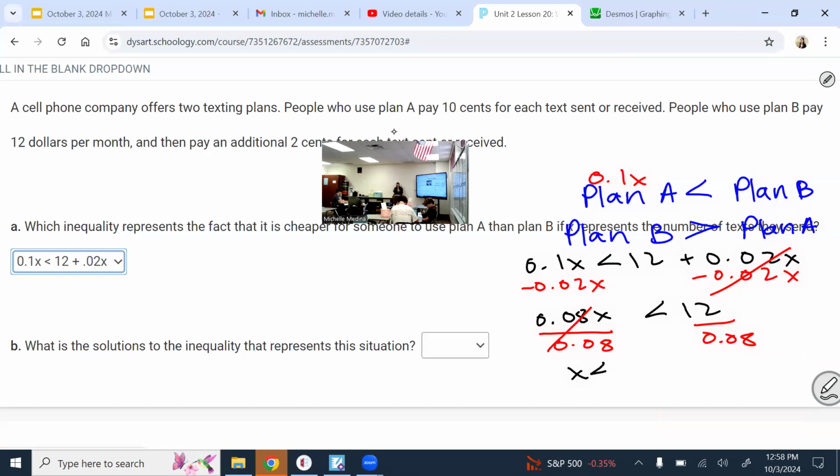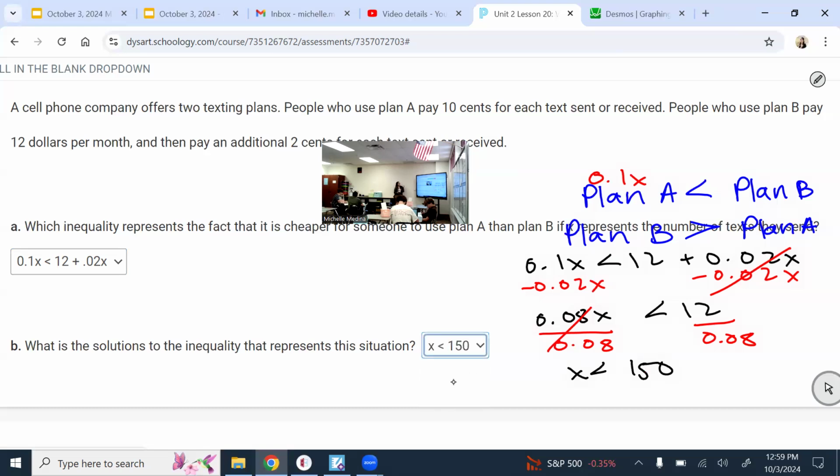Calculate that part. So divided by 0.08, and that's 150. So x less than 150 is the answer.